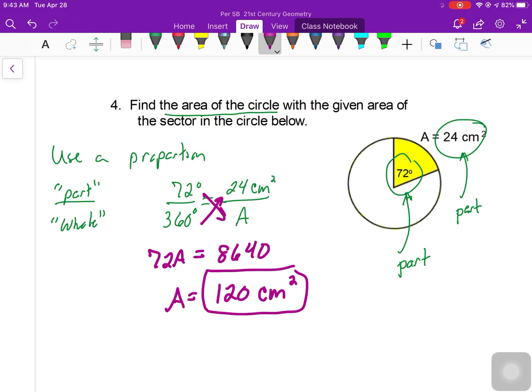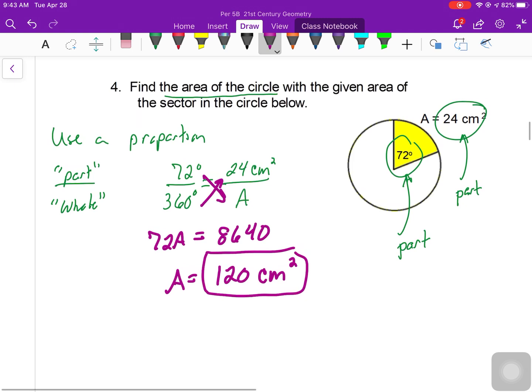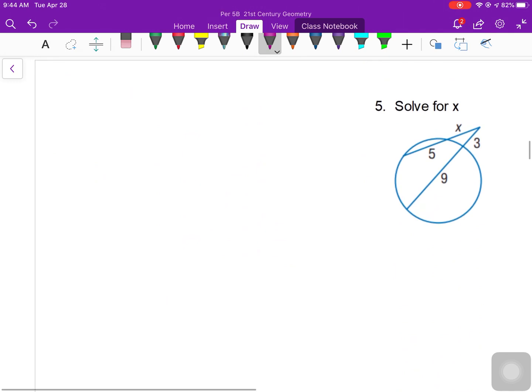After we had finished talking about arc length and area, we began talking about segments in circles, and that was the section right before this. Let's review those that we've talked about. In this particular problem, we have what are called secant segments. Secants intersected the circle at 2 points.